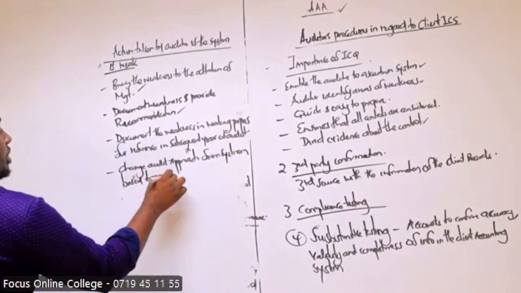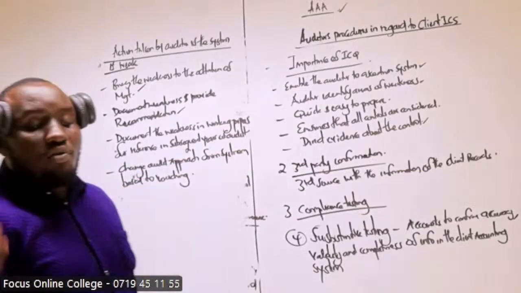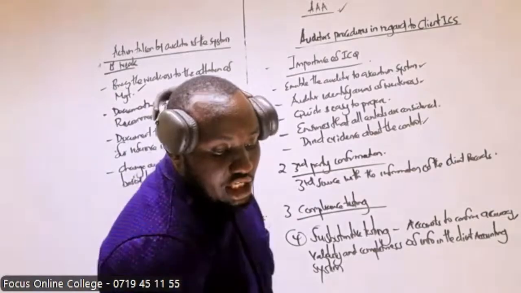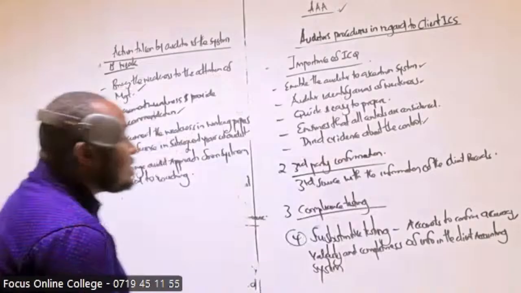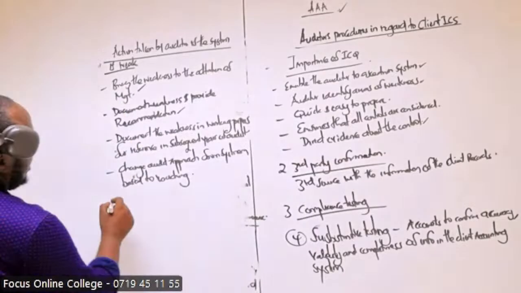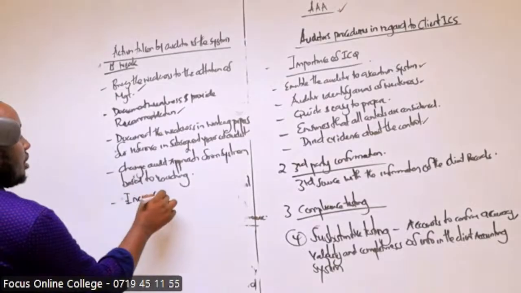When you talk about vouching, you're trailing the transaction from the origin altogether. Again, you will increase the sample. If your intention was a small sample, you'll definitely increase the sample.